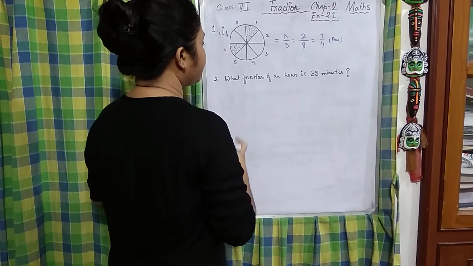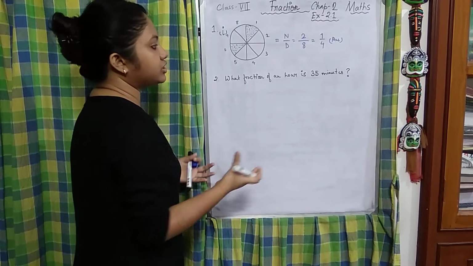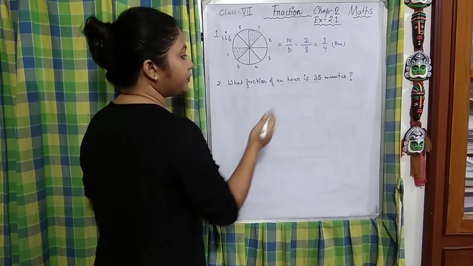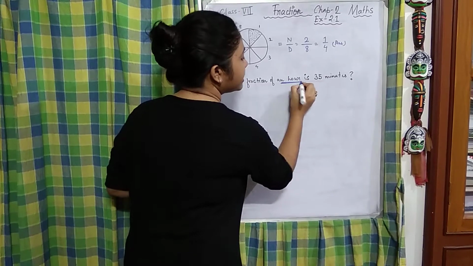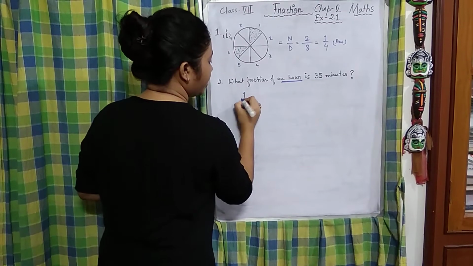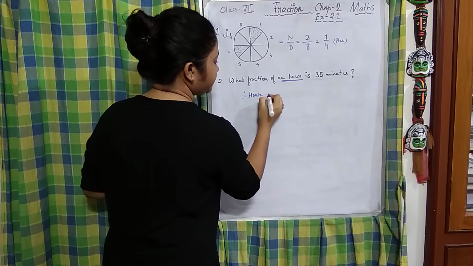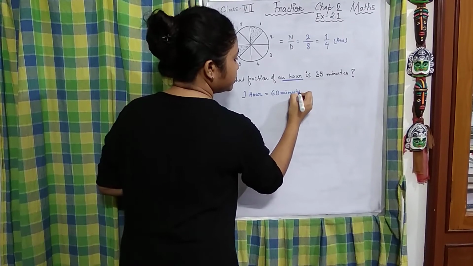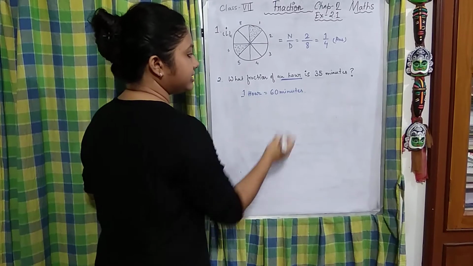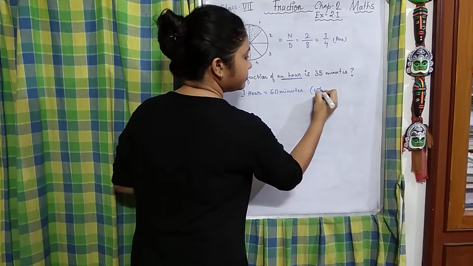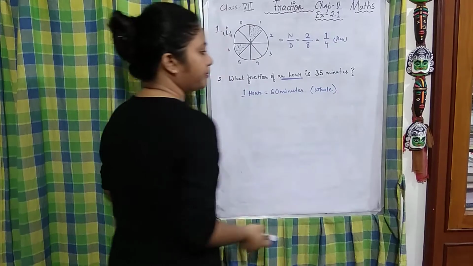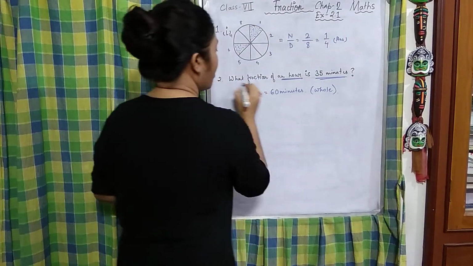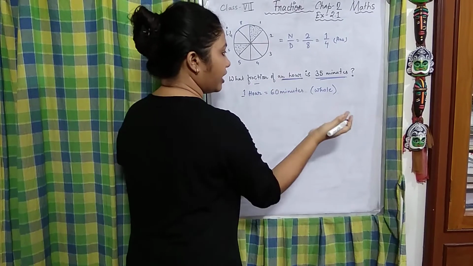Now coming to number 2. Here the question is: what fraction of an hour is 35 minutes? So first we have to know how many minutes there are in an hour. So 1 hour equals 60 minutes. So we can say that 60 minutes is the whole. The entire part is 60 minutes, and they have asked what fraction of an hour.